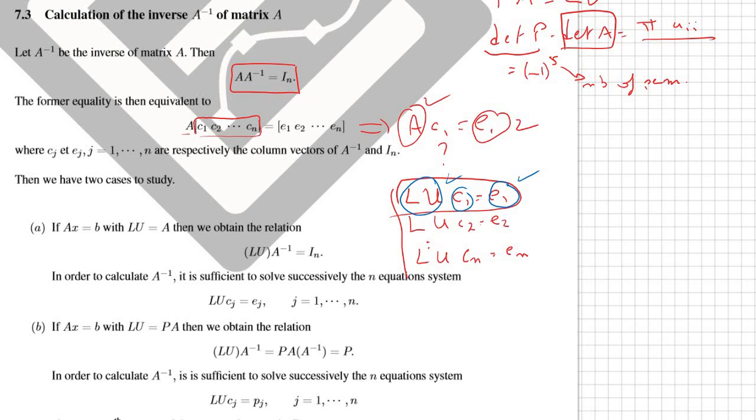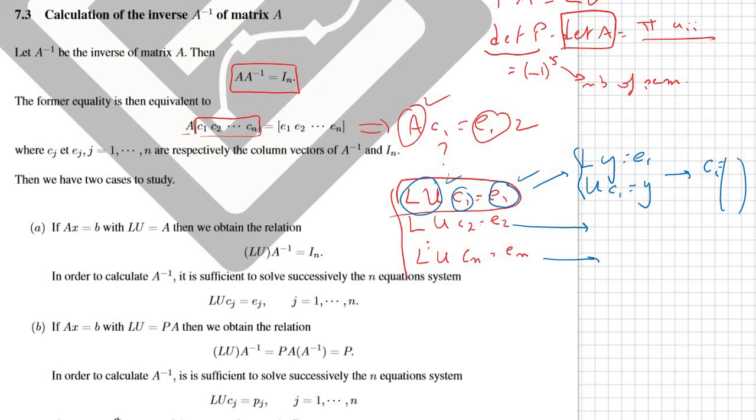To solve the system, I can proceed easily because we already have the LU decomposition, so L is lower and U is upper, so we solve two systems: L y equals E1 and U C1 equals y. And if I do so, I will obtain C1, which is the first column of A^-1. I will do the same thing for C2 up to Cn, and this way I will find the inverse matrix of A.